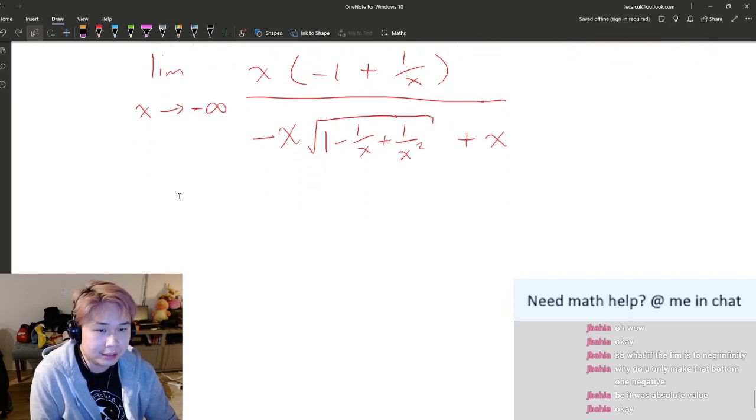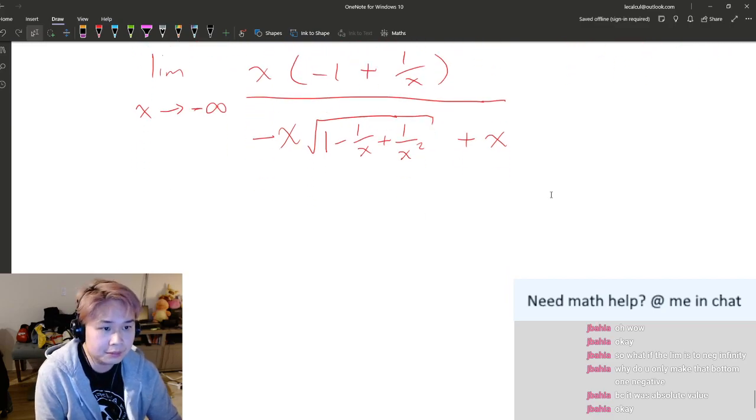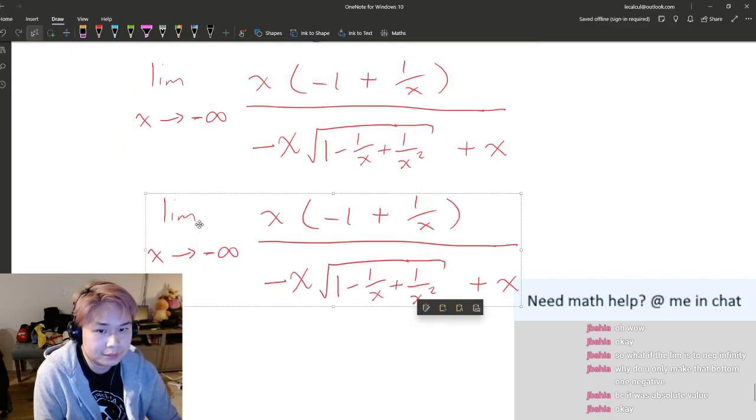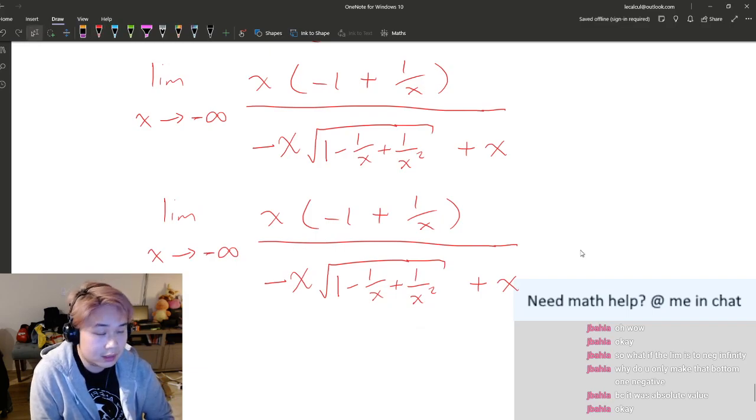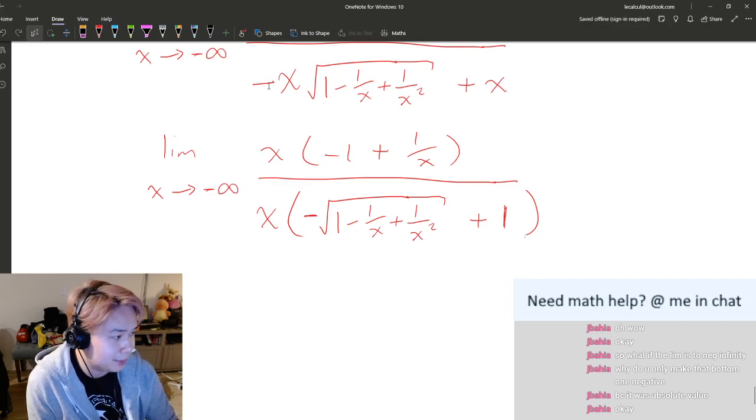Okay, so when you do your common factoring in the bottom, it's slightly different. I'm going to factor out the x, and then you're left with a negative here from the negative from the absolute value.